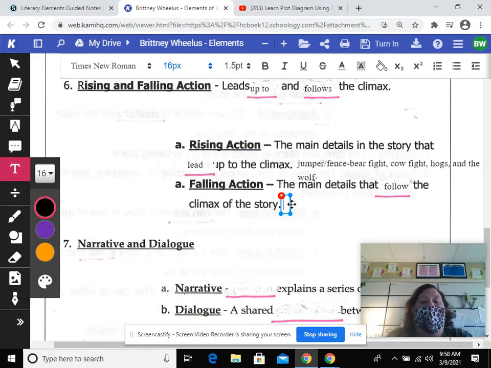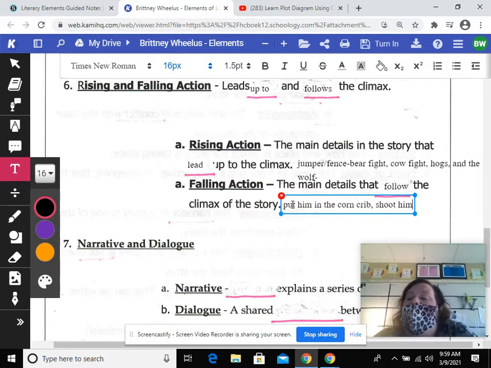All right, so what happened after Old Yeller got attacked by the wolf? All right, put him in the corn crib. They ended up having to shoot him.